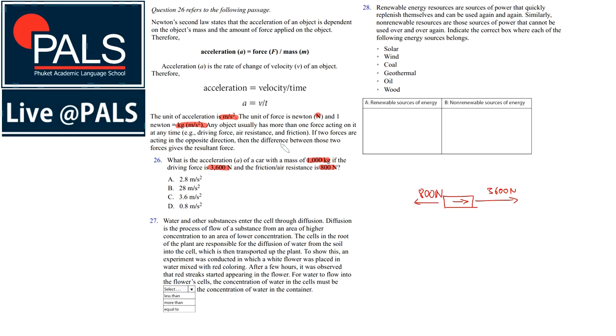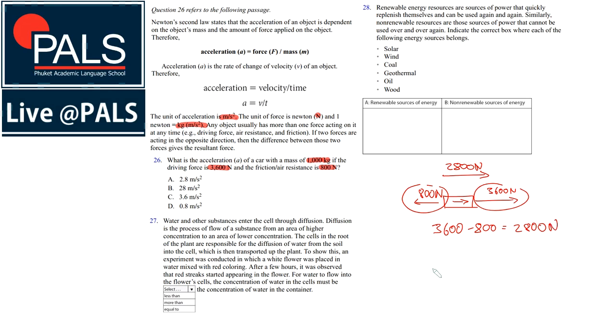So we are told that the resultant force is the difference. So the resultant force is this vector minus that vector, so 3600 minus 800 is equal to 2800, so that is the resultant force going in that direction, 2800 Newton, which will cause the car to accelerate.